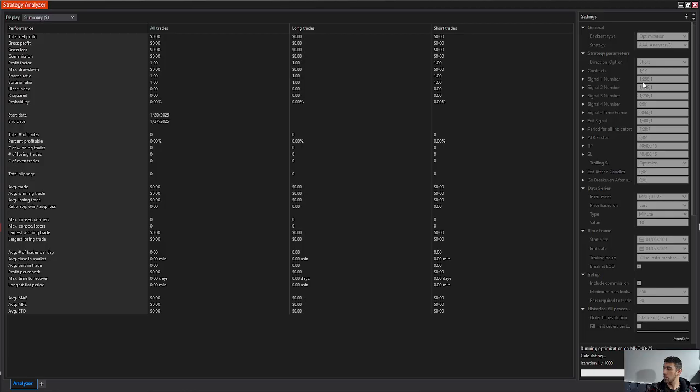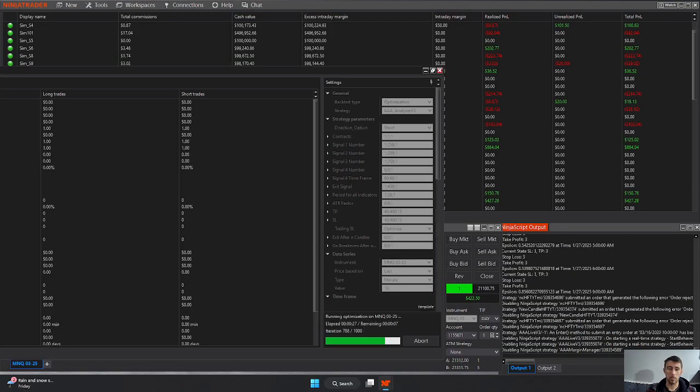So this number, single one, could be 1 through 158, adding by 1. So it's randomly taking all of these. Exit signal can be 1 through 400, period can be 7, adding by 7, so 7, 14, 21, 28. And it's testing just random versions.